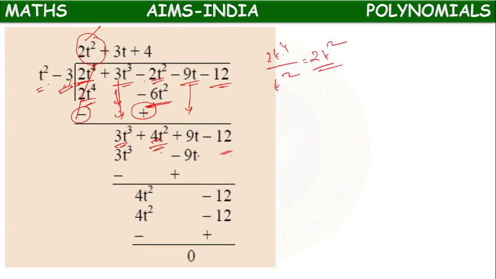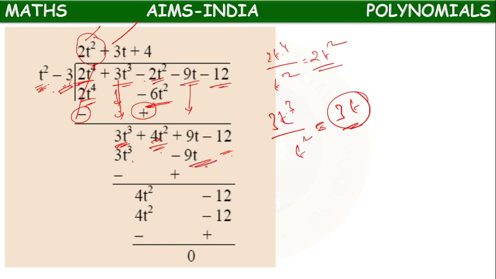Minus 12. So next, 3t cube. Here, what is the first term? 3t cube by t square. 3 will be the same, from t cube, t square is cancelled, 1t will remain. Plus 3t, we will keep here. Now 3t into t square, 3t cube. 3t into 3, minus 9t.